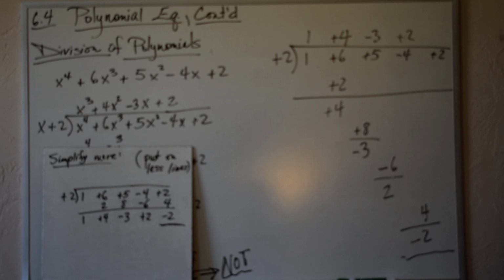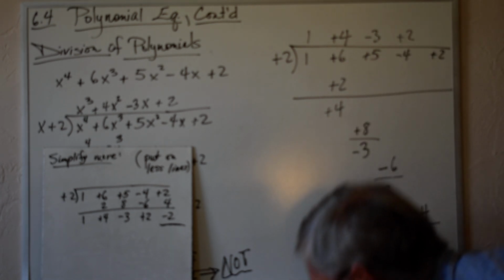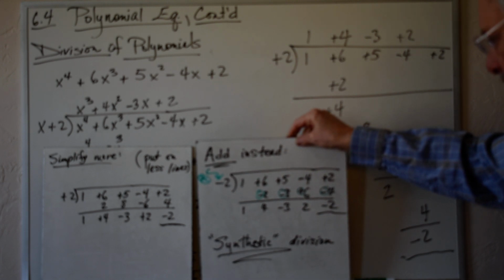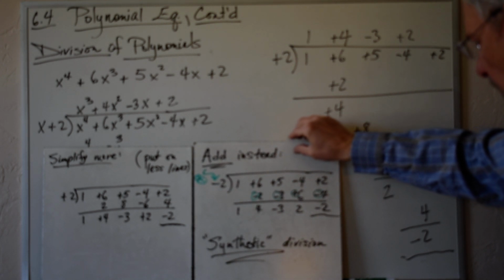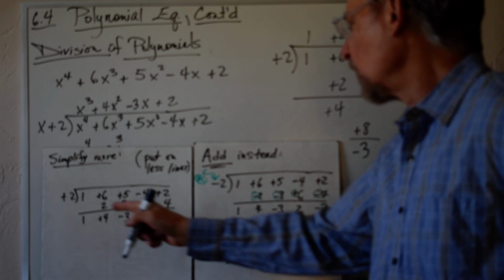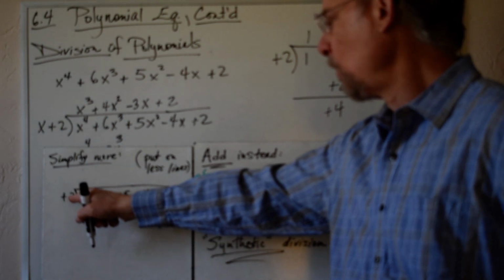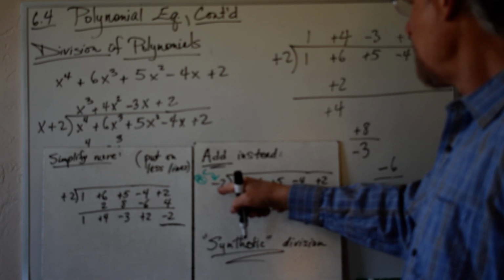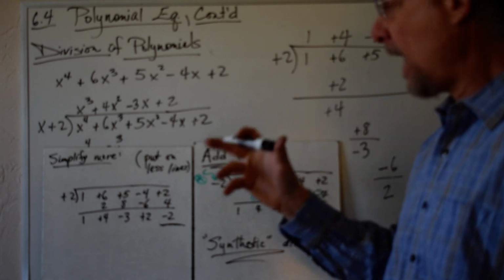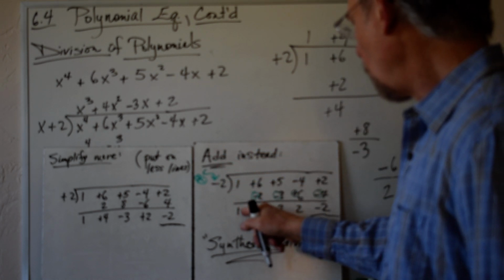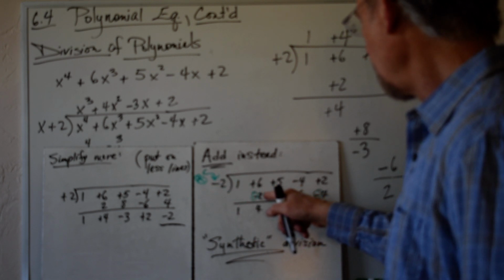Can we improve that? Well, most people would agree that addition is easier than subtraction. So, instead of doing all the subtraction with my +2 out there, let me just change it to a -2, then I can add. Bring down the 1. 1 times -2, -2.